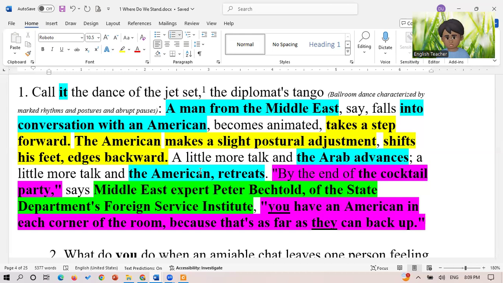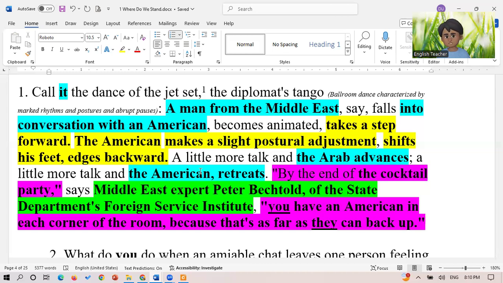Then the person from the Middle East has one assumption about how to use public space, and Americans have other beliefs about public space. And when these two, the Middle Eastern and the American, meet, then they have confusion. For example, the Middle Eastern fellow likes to stay very close to a person they talk to, whereas Americans have this sense of private space and they don't like to be too close with someone they are talking to.